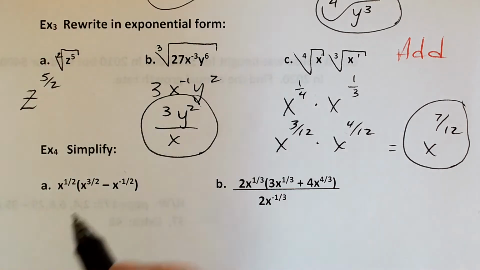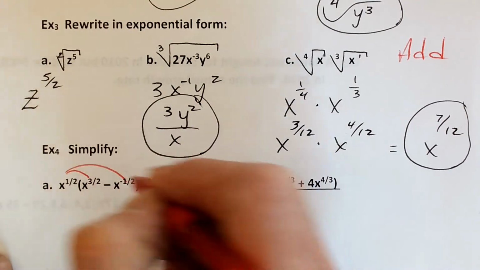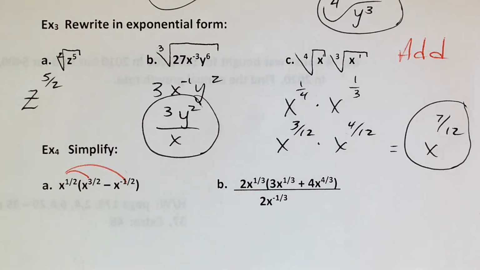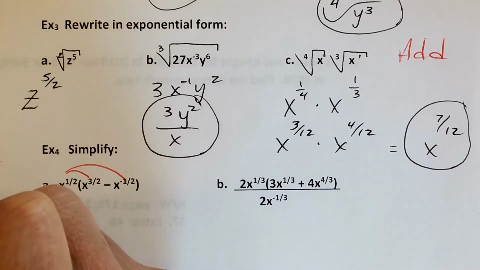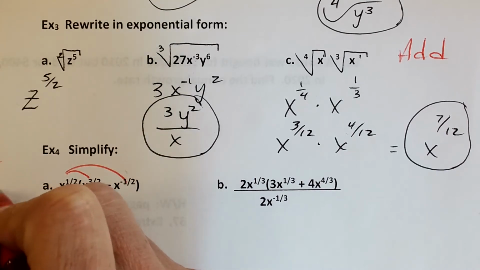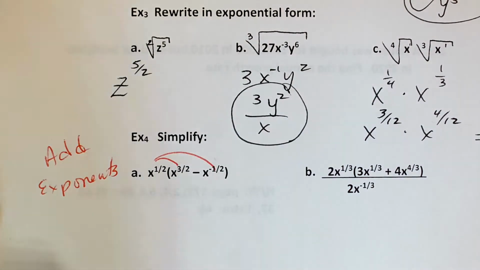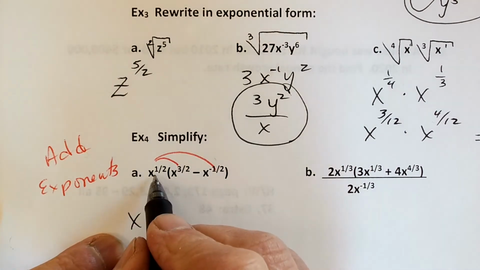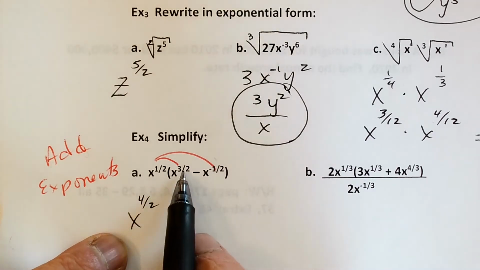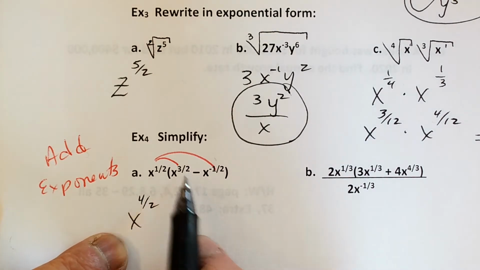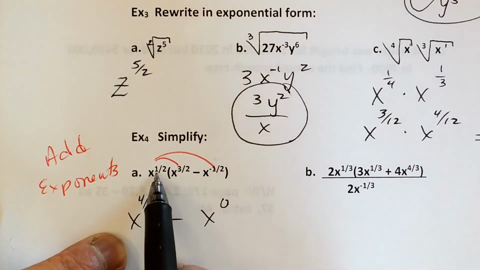All right, simplify. So I need to distribute. I'm going to take this times this, right? X to the 1/2. And when I multiply, I have to add exponents. So I'm going to get an x to the 1/2 plus 3/2, which is 4/2, minus x to the 0, which is 1/2 plus a negative 1/2.